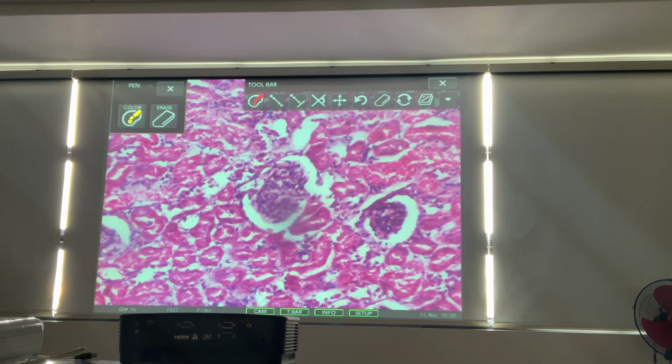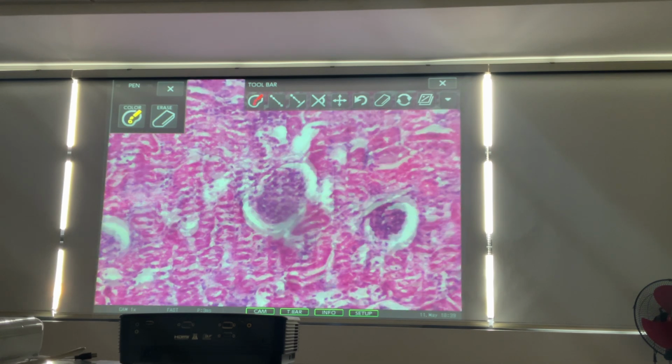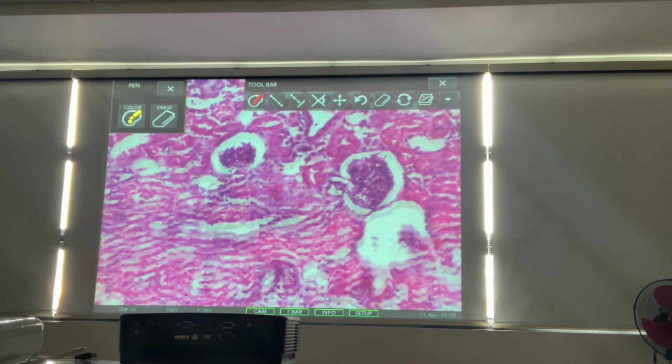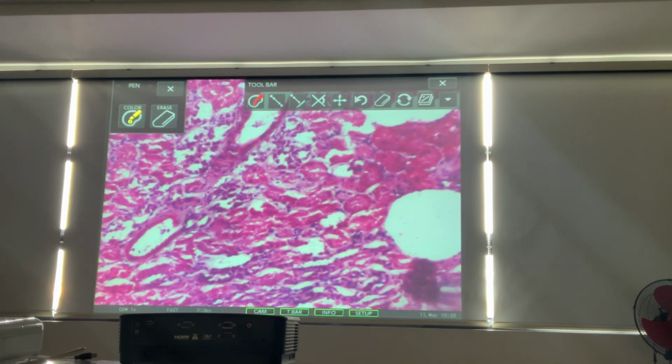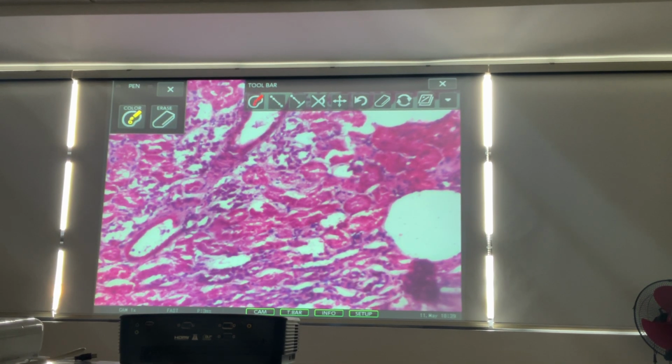Most often, if you look at the microscope during practical exams, it is either set at low power or high power, and at the center would be the glomerulus. So that will give you an idea that you are looking at a glomerular pathology, not a tubular, interstitial, or blood vessel. So it would be much easier for you to come up with a diagnosis because there are only 4 slides with this condition.